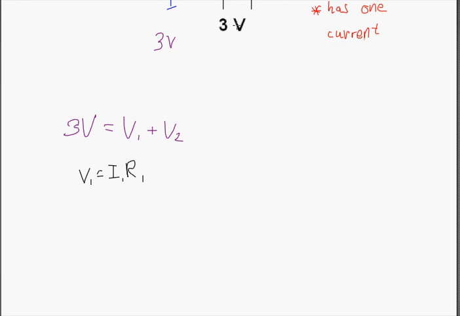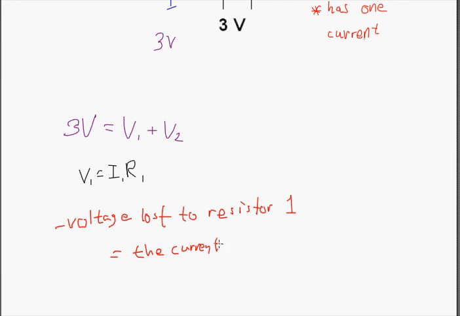Voltage lost to resistor 1 equals the current through resistor 1 times the value of resistor 1.